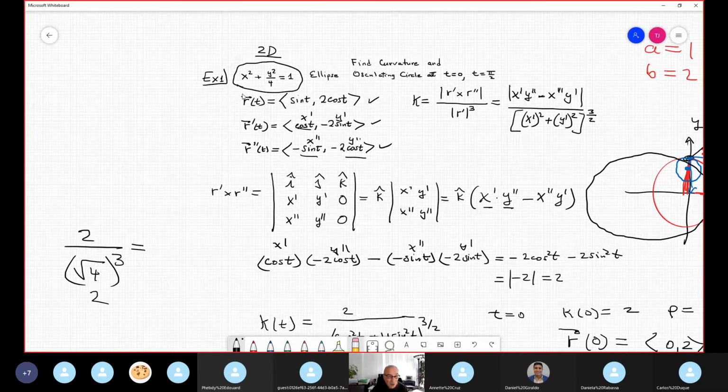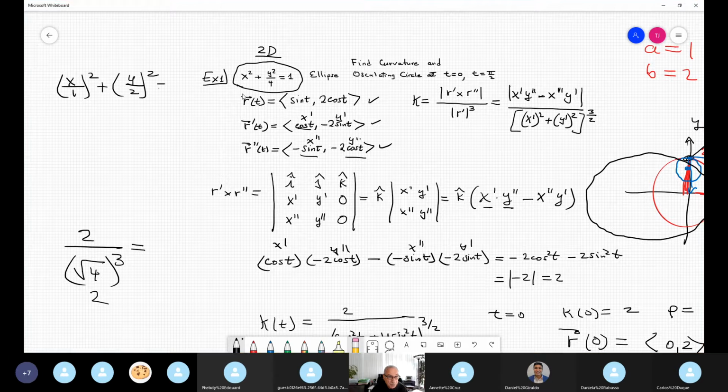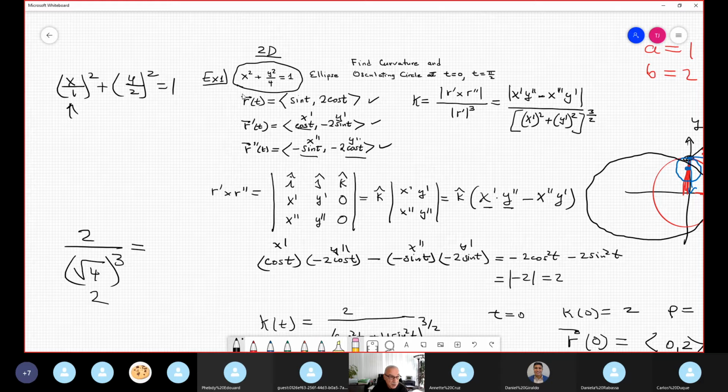However, you consider it like that. Look, (x over 1) squared plus (y over 2) squared equals 1, no? And this is cosine t, or sine t, I call.